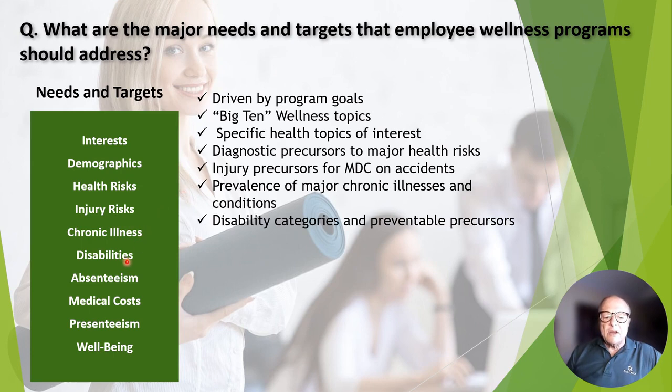Another area, under disabilities, can be the disability categories themselves, what the nature of the disability is, and also preventable precursors. So lack of seatbelt use may be a preventable precursor to an injury and disability, short-term disability from an automobile accident. So those are some of the areas of needs and targets that we can identify and focus on in our wellness efforts.